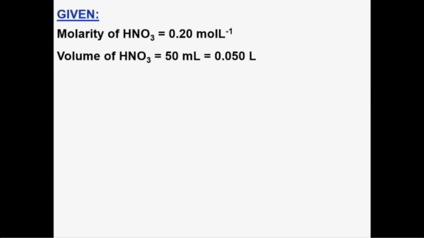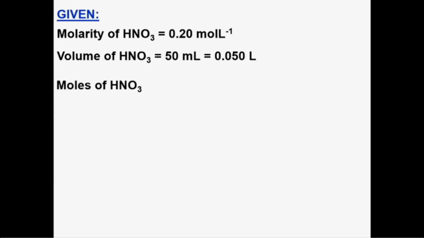Next, we are going to determine how many moles of nitric acid are used in this reaction. Since nitric acid here is in the form of a solution, we use the molarity given and the volume given to determine its moles.